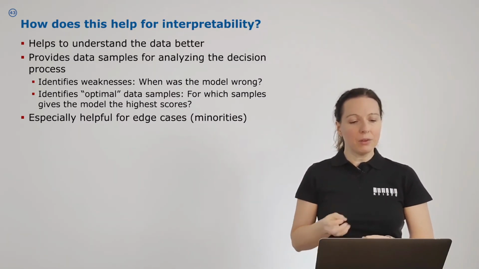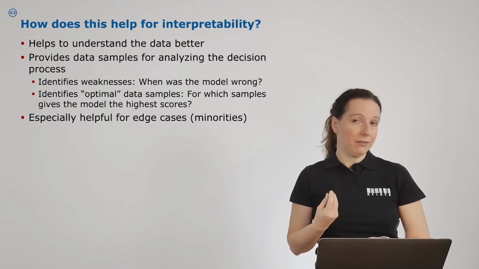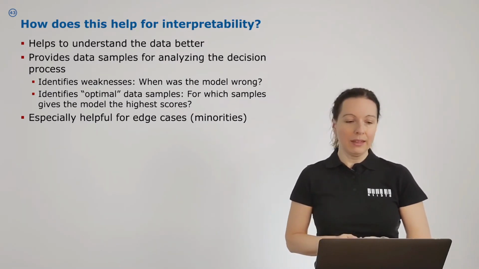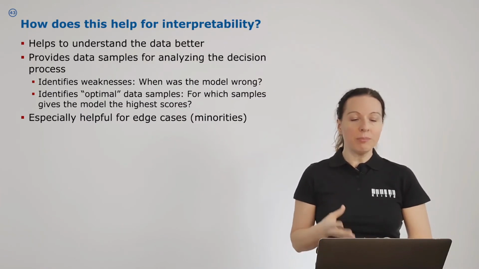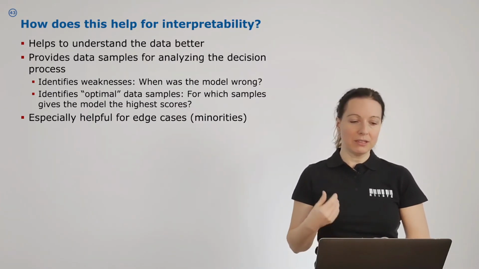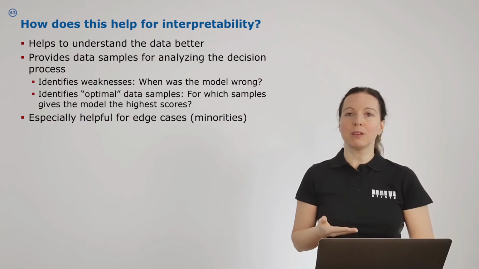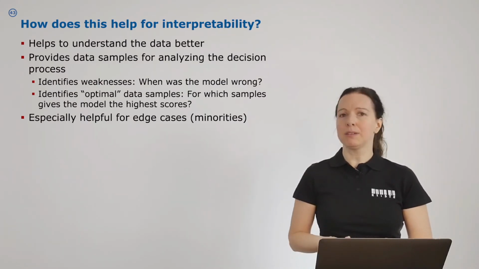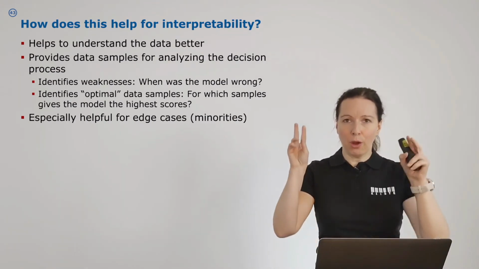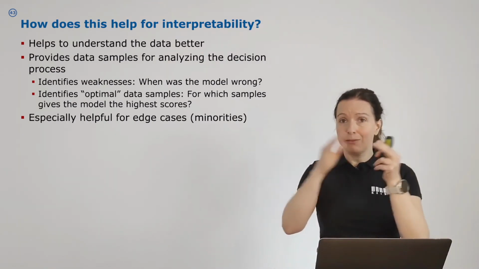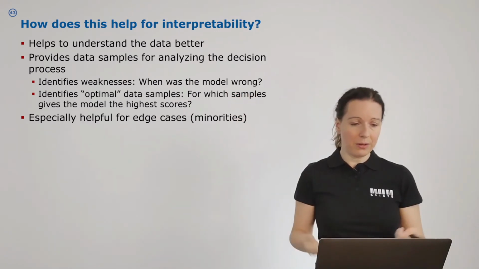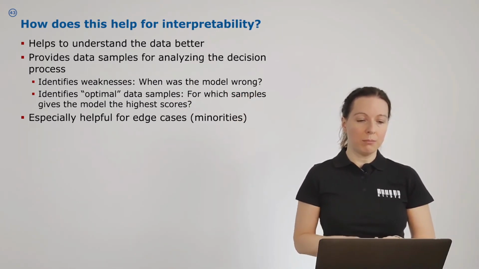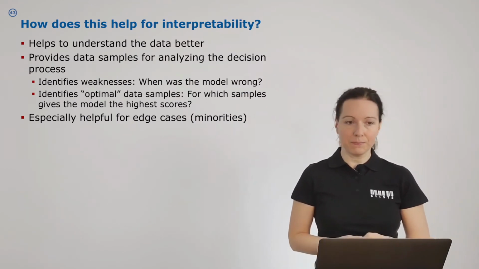And the good thing is that first of all, it identifies weaknesses. So when was the model wrong? And it identifies optimal data samples. For this, it is prototypes. Prototypes are very often very typical samples which lead to an optimal, that means a very high score, a very good result. And it's interesting to know for which samples the model gives the highest scores.